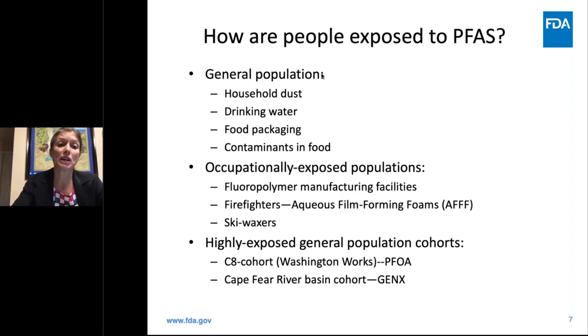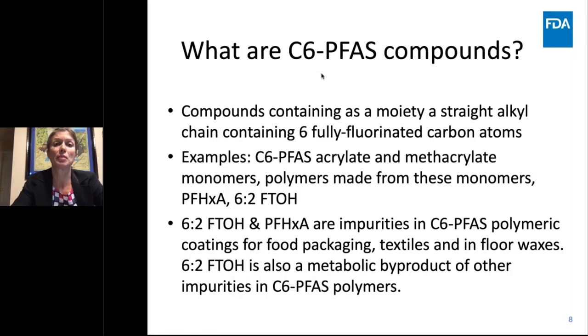In addition, firefighters and people who work in fluoropolymer manufacturing facilities are also highly exposed. And there are some very famous highly exposed general population cohorts, like the C8 cohort that was highly exposed to PFOA from the Washington Works facility, and then the Cape Fear River Basin cohort in North Carolina that was exposed to GenX in their water supply.